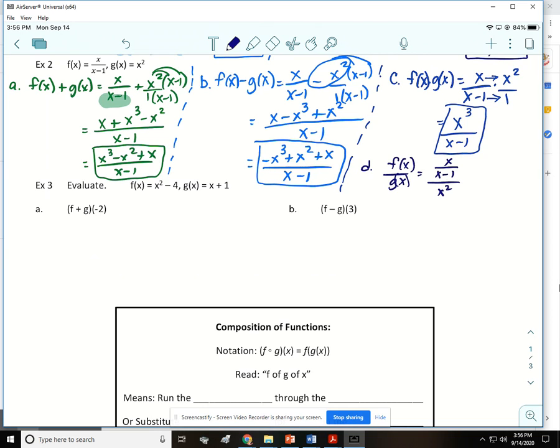To divide by a fraction, I'm still going to make this x squared over 1. You multiply by the reciprocal. So we would leave the x over x minus 1 alone, and multiply by the reciprocal of x squared over 1, which is going to be 1 over x squared.